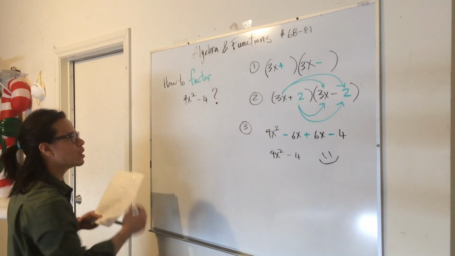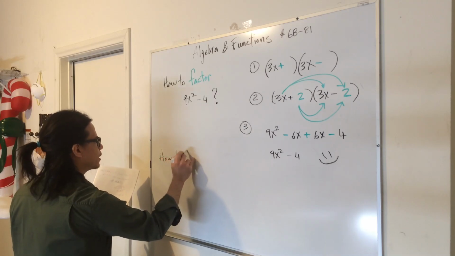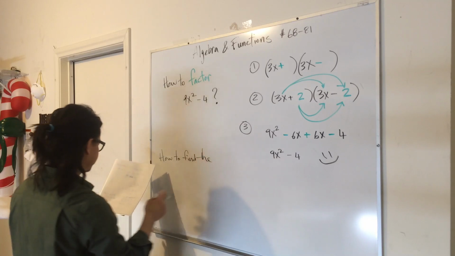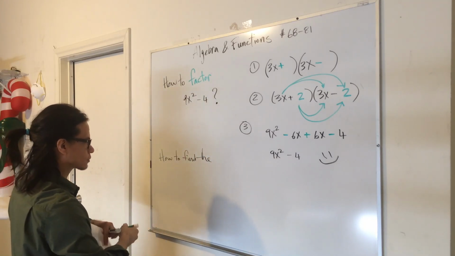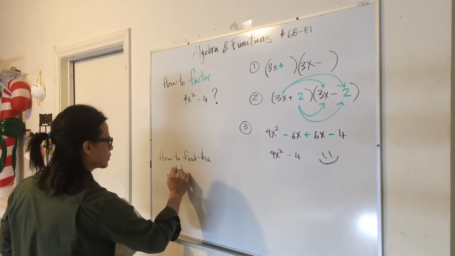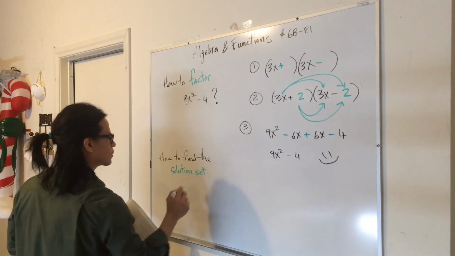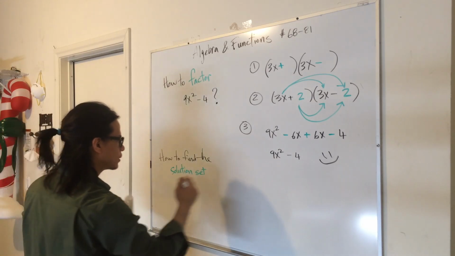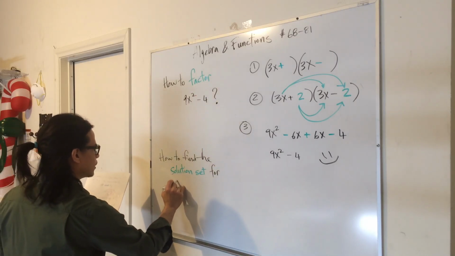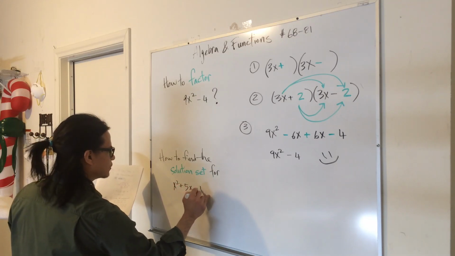Okay. We're on a roll, so let's keep going. The next question states how to find the solution set. This is an oddball here. Solution set for x squared plus 5x minus 14.